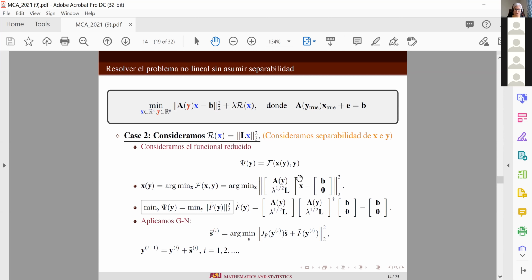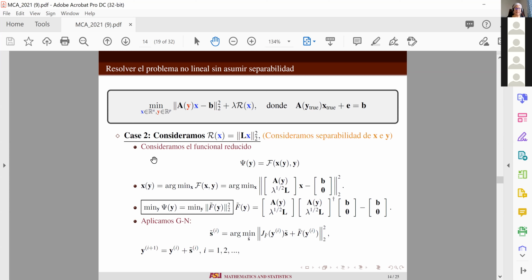But we can use fast solvers here, use this X to compute the Jacobian that we'll need, and then solve this least squares problem and update, right?